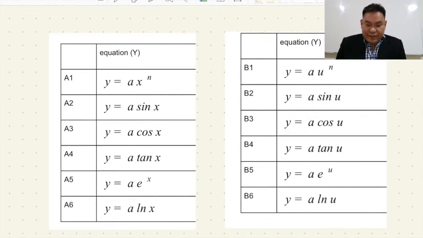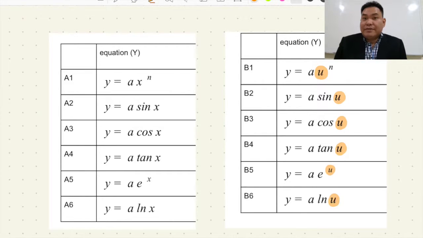On your left, formula A1 to A6, and on the right is formula B1 to B6, and you notice that A1 and B1 are very similar, except for the letter U. What is U? U is a subfunction of y.